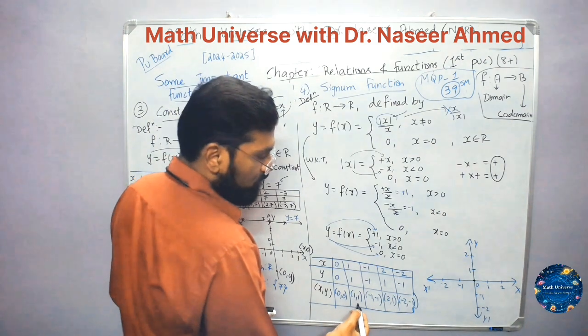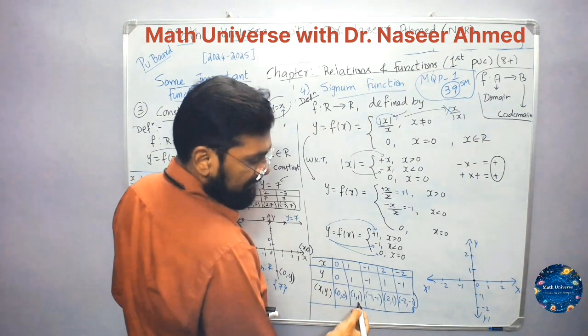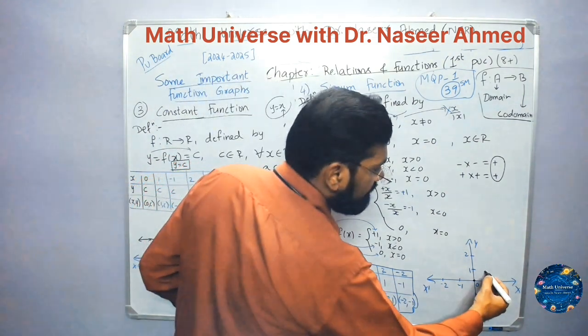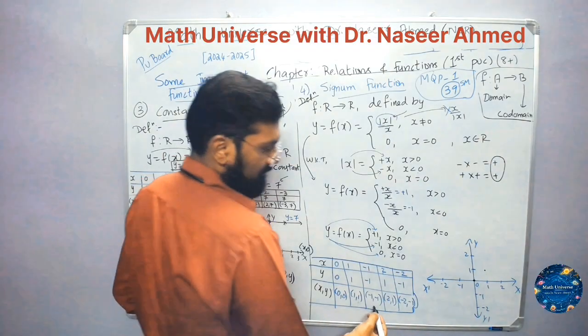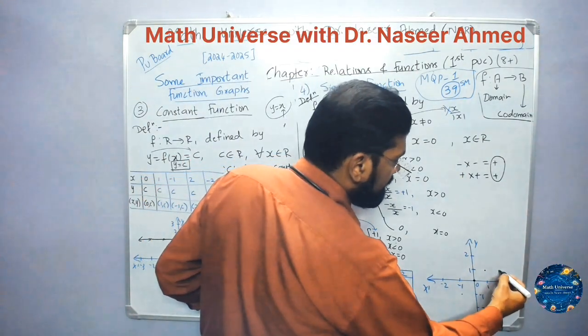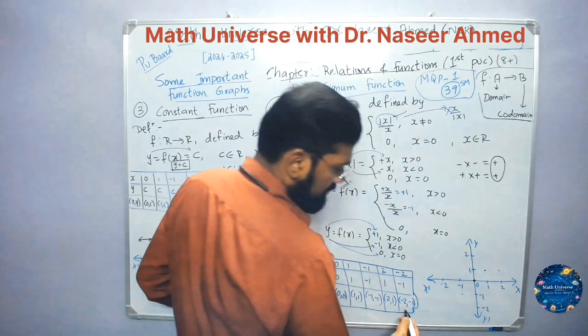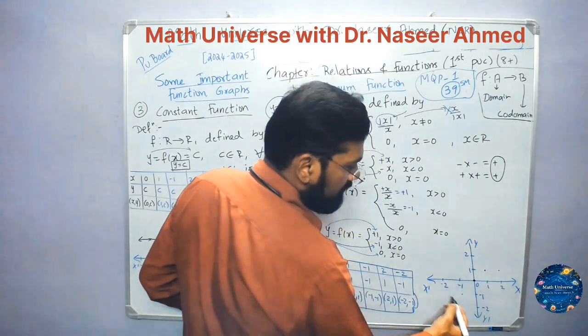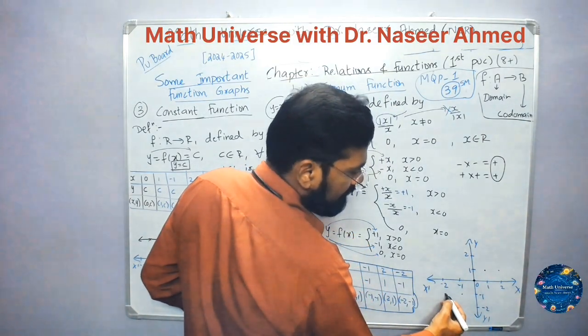When x is equal to 1, y is also 1, 1 comma 1 here. Then minus 1 comma minus 1 here. Then 2 comma 1. And then minus 2 comma minus 1.